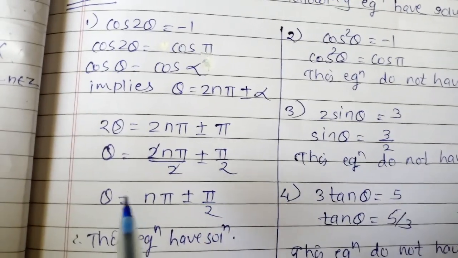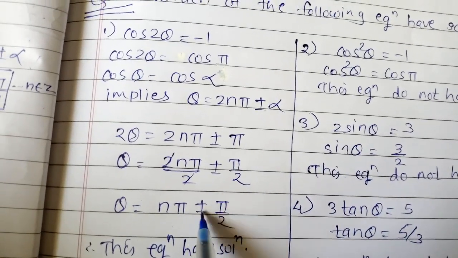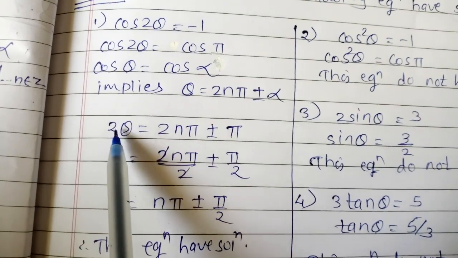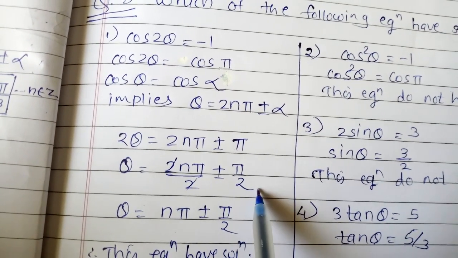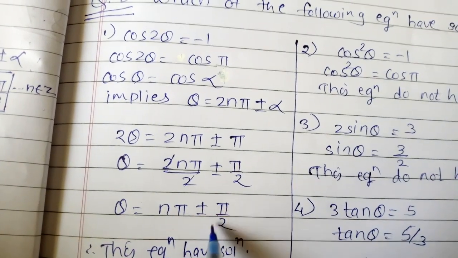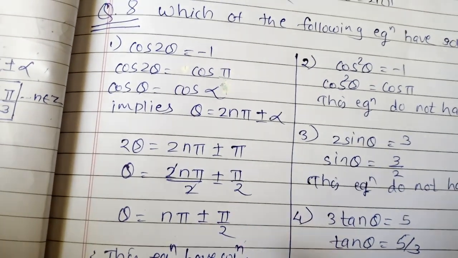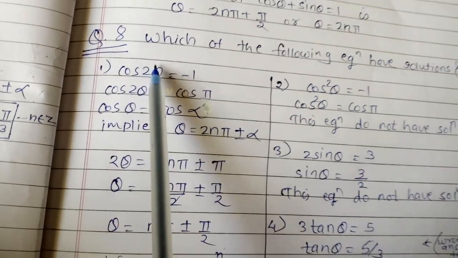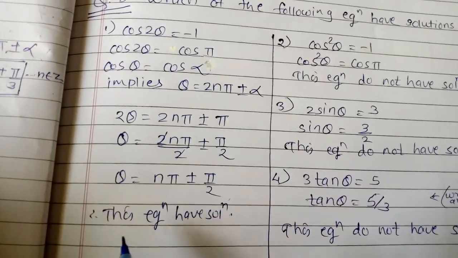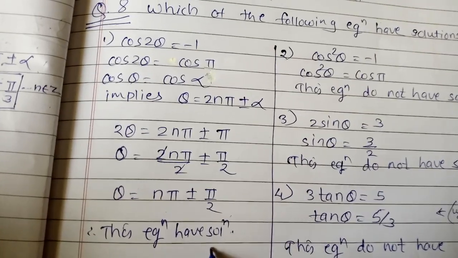By solving it, we move this 2 to this side, so we divide both the terms, and we get theta is equals to n pi plus minus pi by 2. Here we get the solution. So this equation has a solution, and here we have to write that this equation has solution.